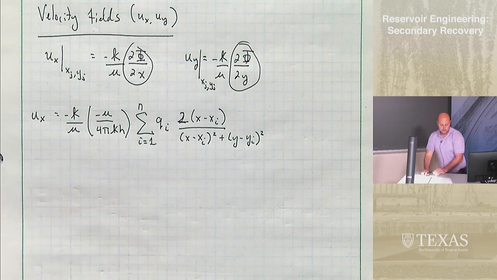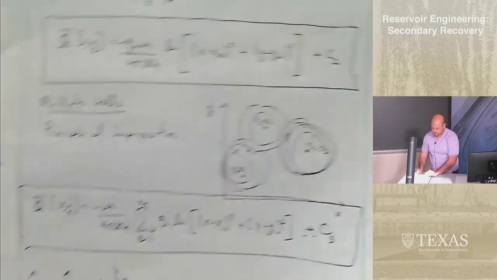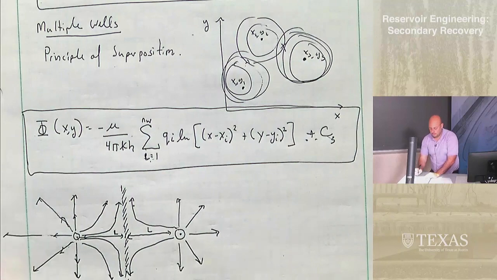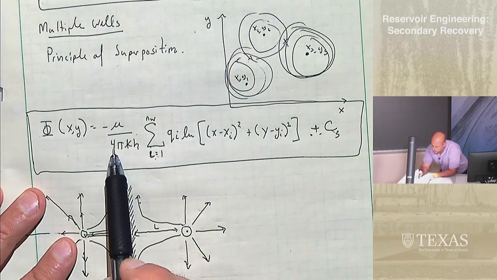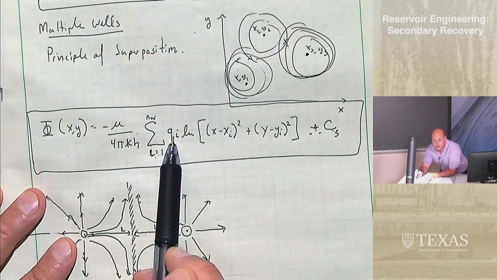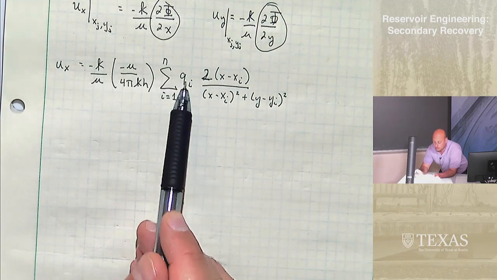Now let's go back and look at this. This was my potential, right? I wanted to take the derivative. So I get my mu over 4 pi kh and q. That doesn't go away, that's why it's mu over 4 pi kh and q.